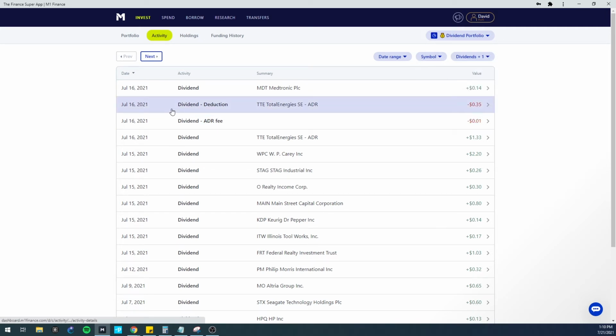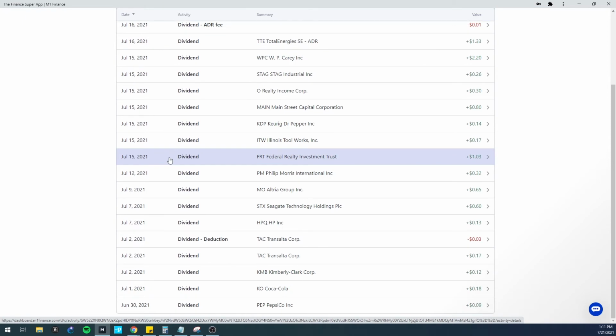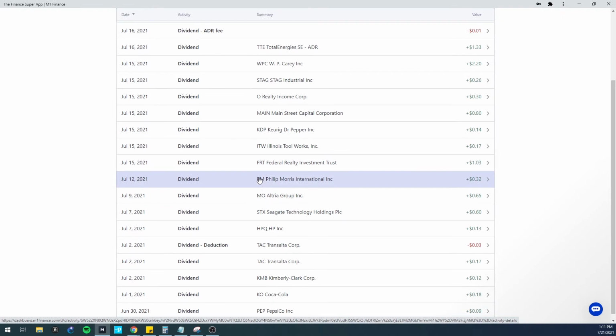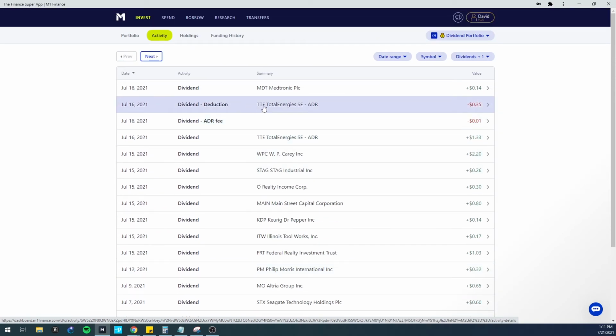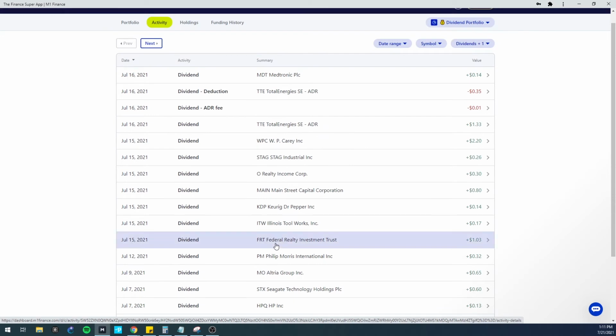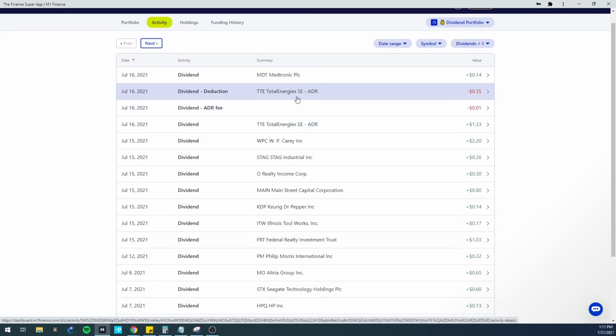So sometimes when all you have are American companies, all you will see are dividends. But some companies are overseas companies, like Total Energies, TransAlta. Both of these are companies that are not based in the U.S. So when they pay a dividend, they're paying it in their currency.